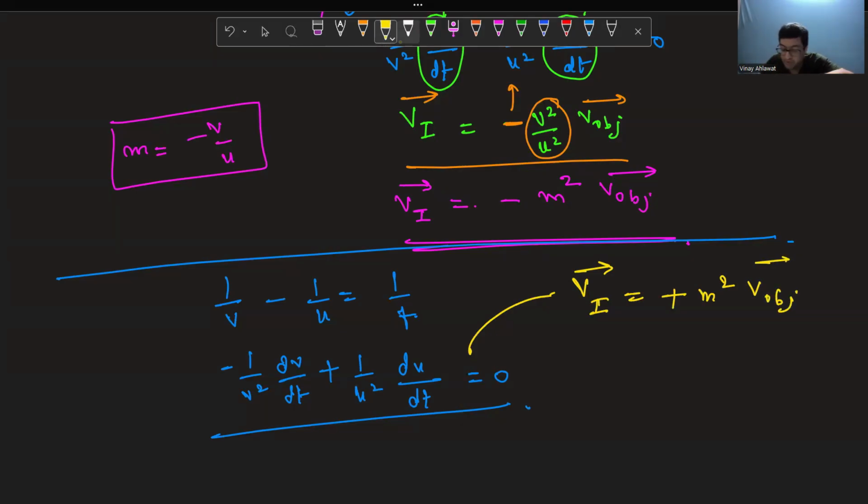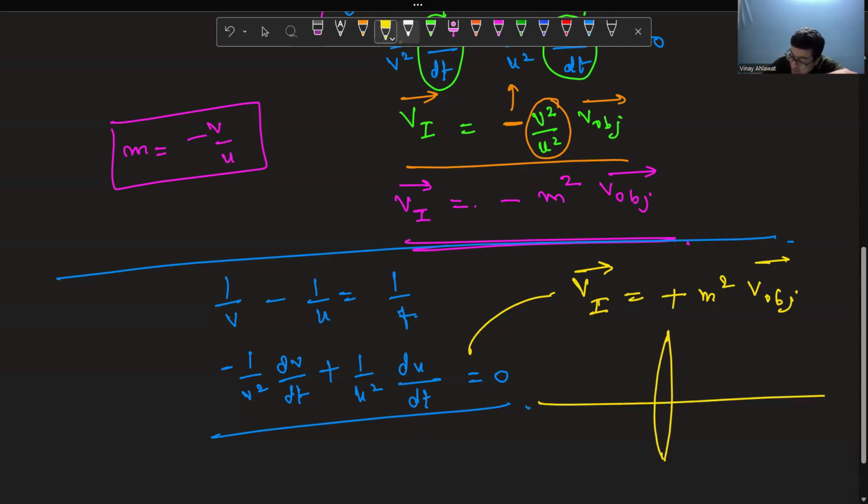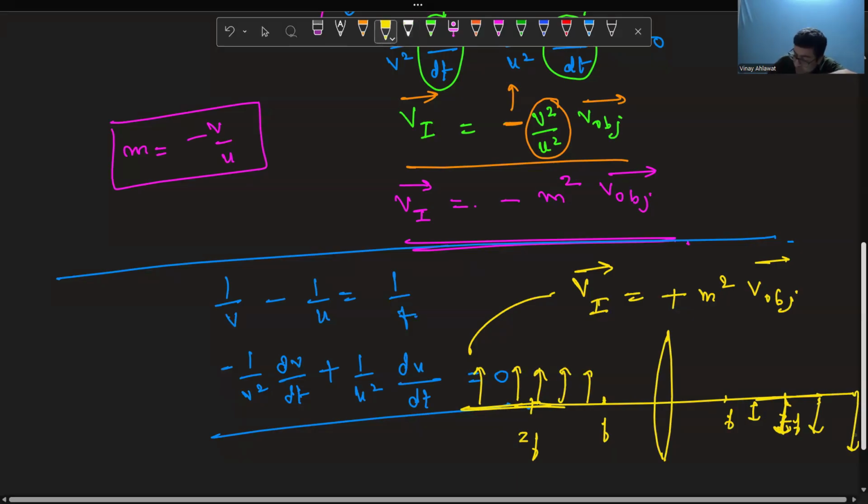This positive sign ensures that velocity of image and object are in the same direction, which you do realize in the case of converging lens. This was f, this was f, this was 2f, this was 2f. As our object moves in this direction, your image moves in this direction. Agreed? Yes. As the object moves in this direction, image moves like this. Agreed? Yes, sir.